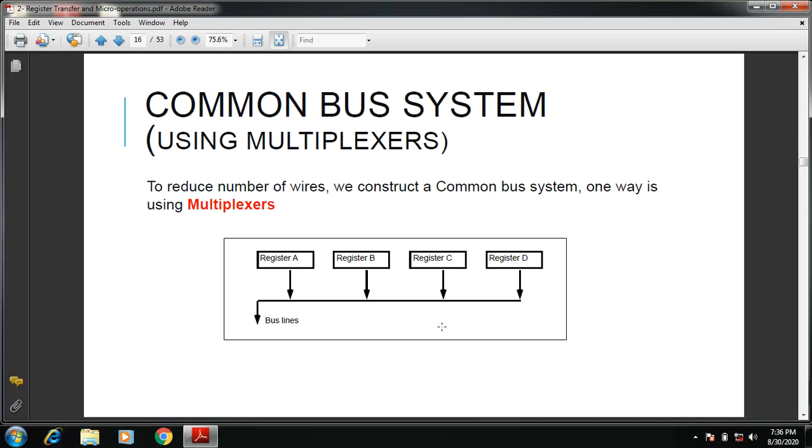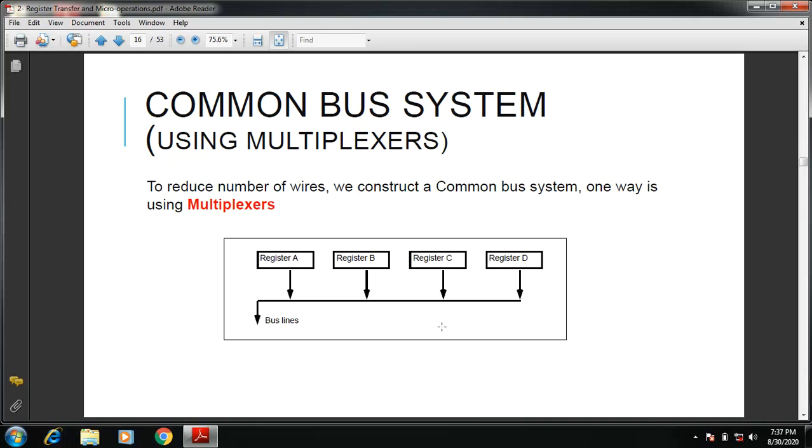The multiplexer is a technique that accepts many inputs but gives only one output. You already know multiplexers in digital: a multiplexer is a circuit which accepts many inputs but gives only one output, that is many to one.